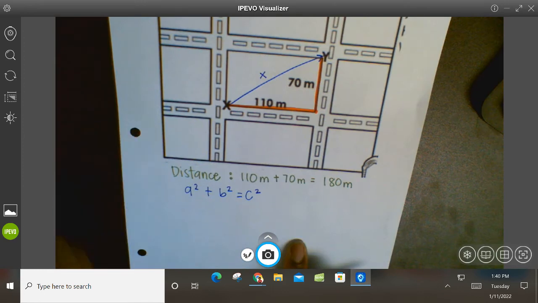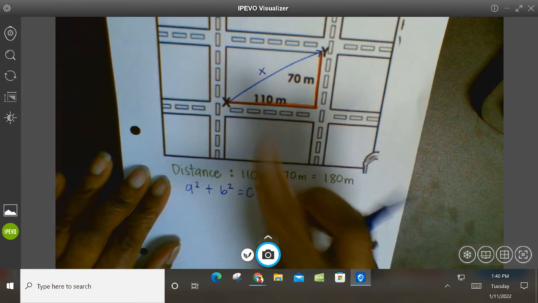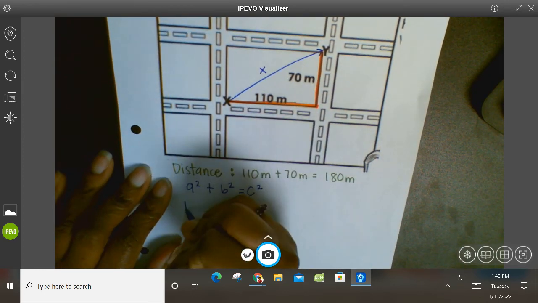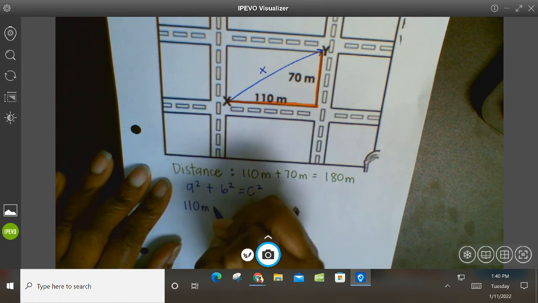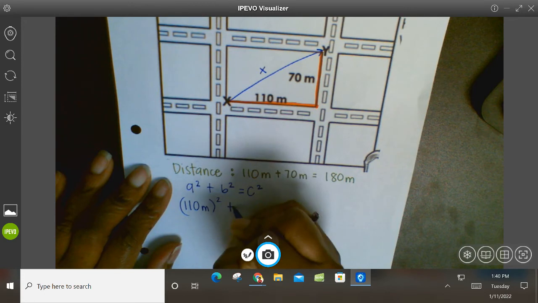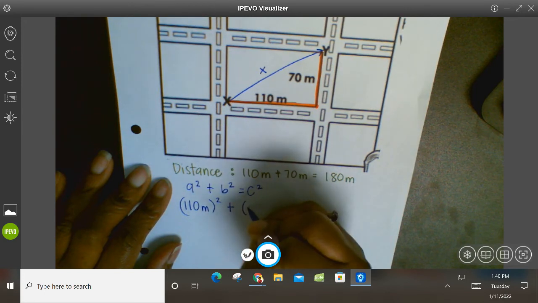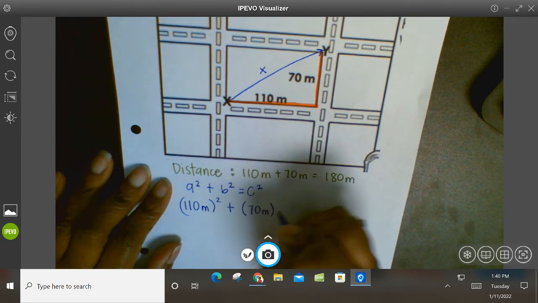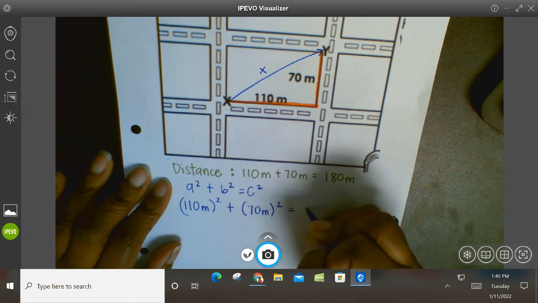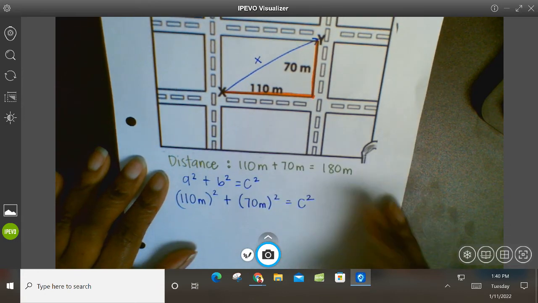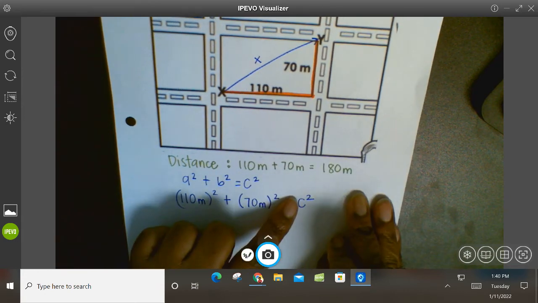So in order to find this, I'm going to take a, I'm just going to call that a, 110 meters. I'm going to square that. And then I'm going to do 70 meters. I'm going to square that. And that's going to give me c squared. And then, of course, if I need to get rid of the squared, what would I do?